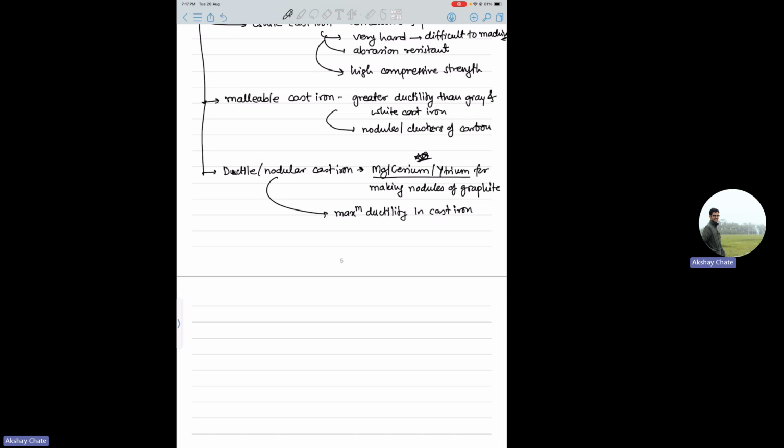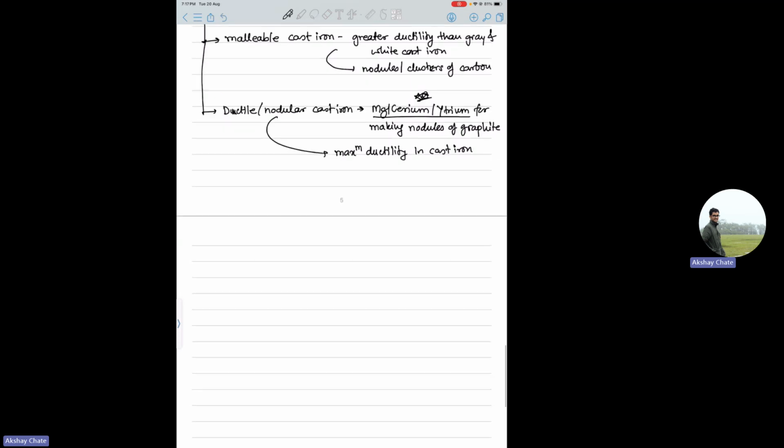But we'll talk about something else which is important from the casting point of view, which is carbon equivalent.